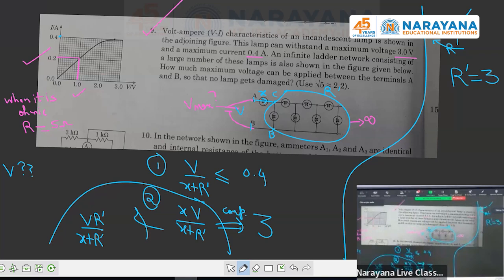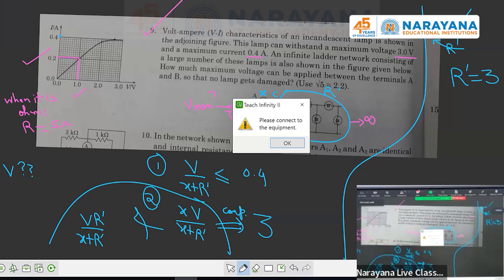What is the value? एक बार चेक कर लेना, जो वैल्यू you have got for R prime, it may be a different value.